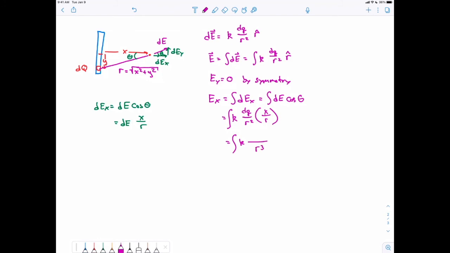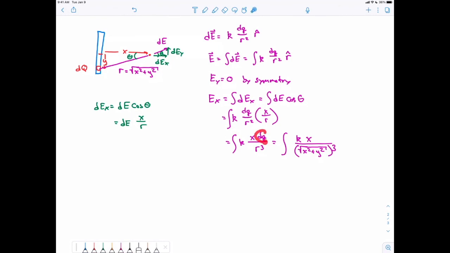I've now got an r cubed in the denominator and an x dq in the numerator. So let me use the fact that r is the square root of x squared plus y squared. I will leave my x the way it is. I'll leave my k. And dq, this is the thing that I'm integrating over. I haven't included it yet.